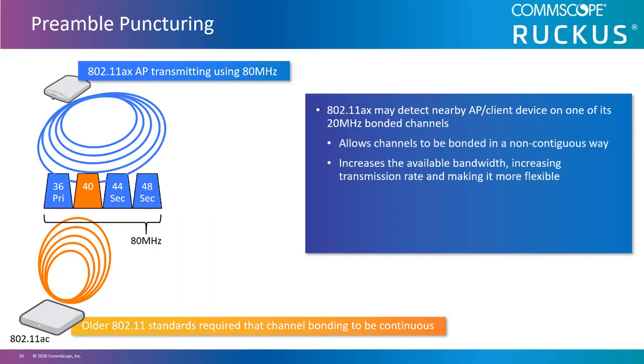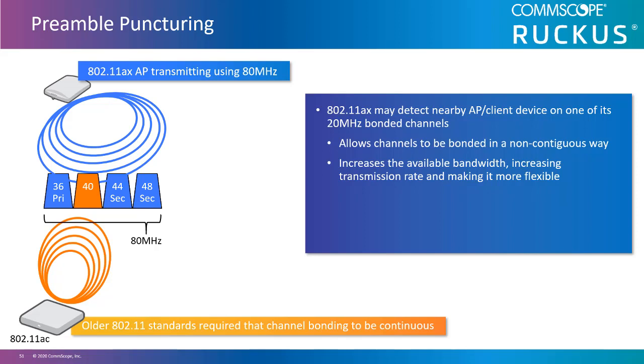However, with 802.11ax, it can transmit across the 80 MHz channel except on the channel in use by the other AP. This utilizes the remaining secondary channels within the 80 MHz, maximizing the spectrum. This is known as preamble puncturing or non-contiguous channel bonding.